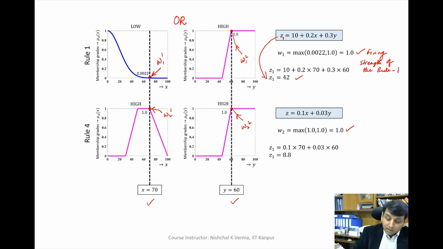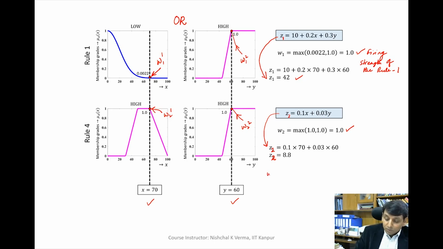And this is the output which is Z2. So Z2, by just substituting this, when we substitute the values of X and Y, we are going to get Z2 is equal to 8.8.